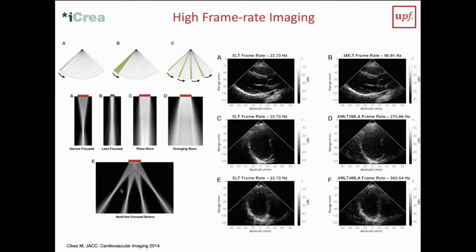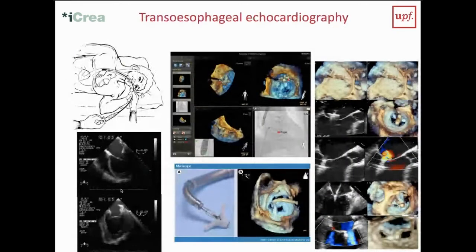Instead of sending out one pulse, you can send pulses in different directions at the same time, and then use computers to make this faster. We're not going to go into detail, but there's still a lot of research going on to improve this, to get better spatial and temporal resolution in 3D imaging with ultrasound.